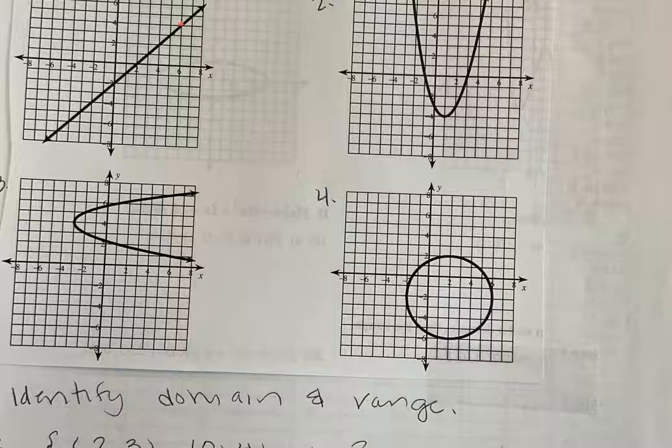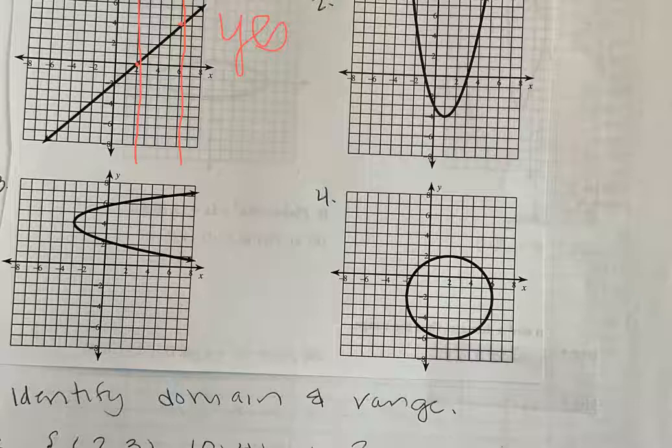And if you draw a vertical line through that point, does it hit another point on that line? You'll notice in this case it doesn't. If you go over to this point 2, 0, and draw a vertical line, it is not going to hit another point. So this graph here is a function, and that is because of the vertical line test. And you'll notice that none of these X values are going to repeat.